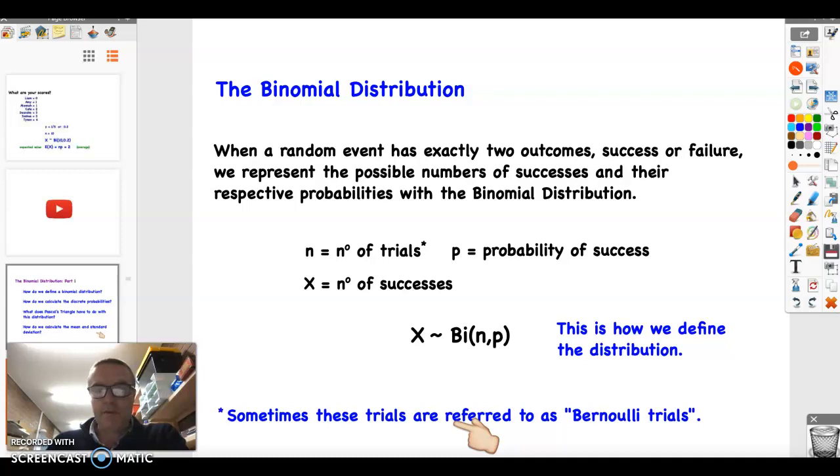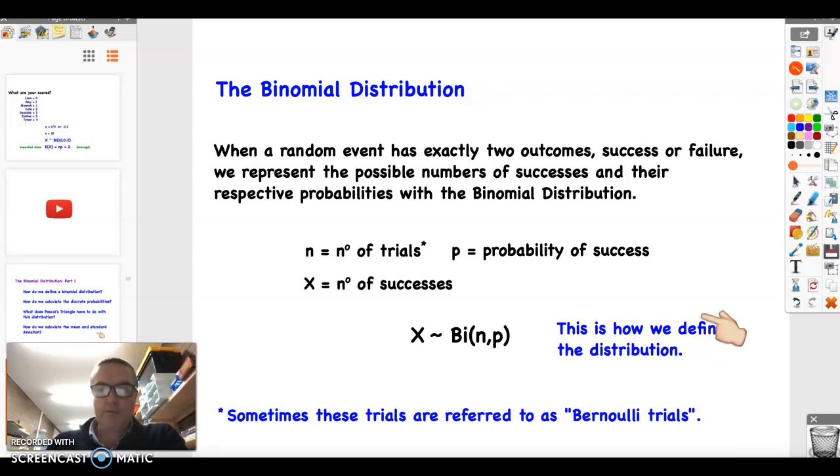I'm going to use a few variables. It's important to understand what they are. When we talk about the number of trials in a binomial distribution, we use n to represent that quantity. The trials themselves are sometimes also referred to as Bernoulli trials, named after the mathematician Bernoulli.